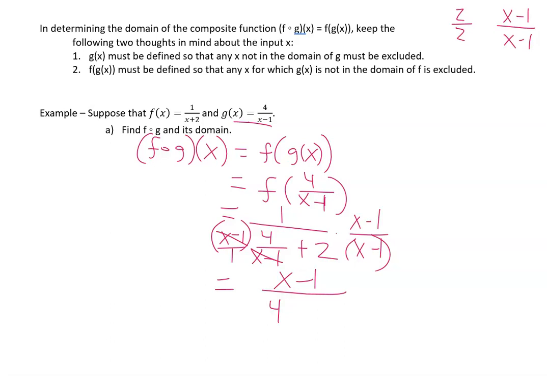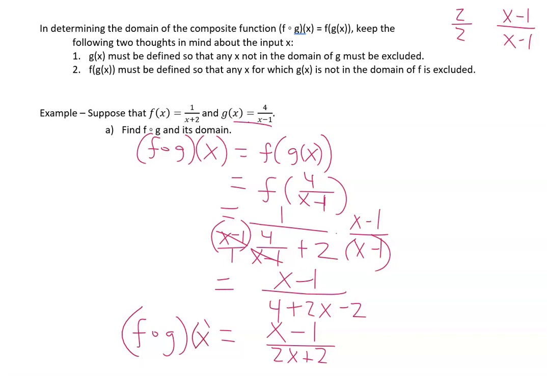And then over here on the right, when I do 2 times x minus 1, I have to distribute my 2. So I get 2x minus 2. I can combine my like terms on bottom, so I get x minus 1 over 2x plus 2. So the composition function of f composed with g of x is going to be x minus 1 over 2x plus 2.